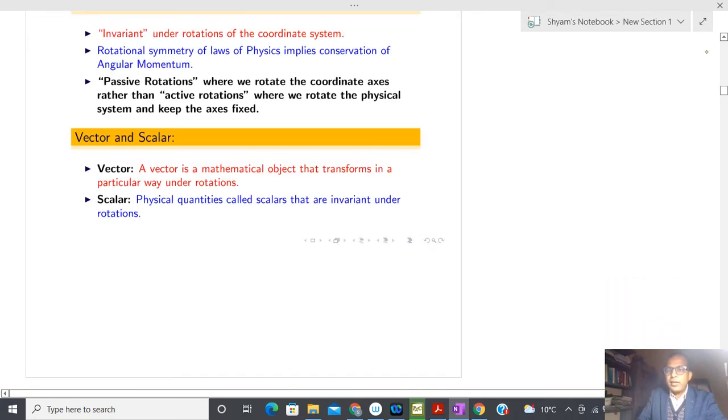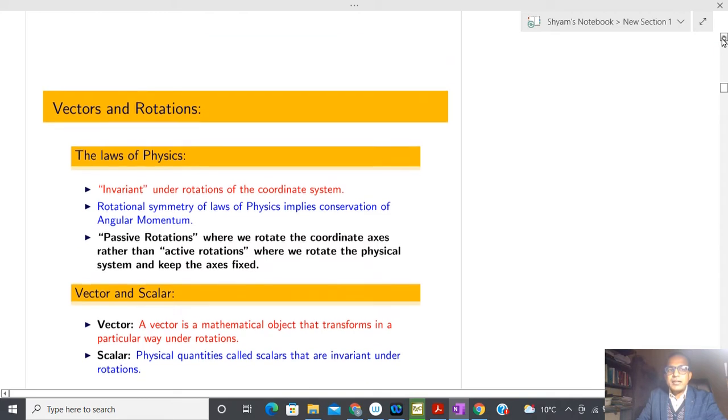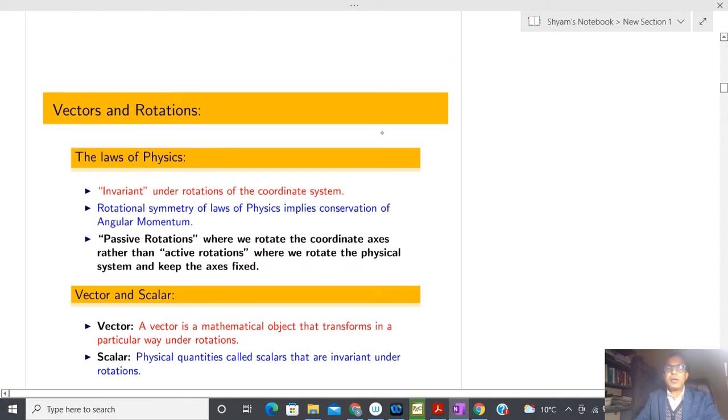Here I have talked about very fundamental things. During 10 plus 1 physics, you have already learned about vectors, and I am also going to add something like rotation.